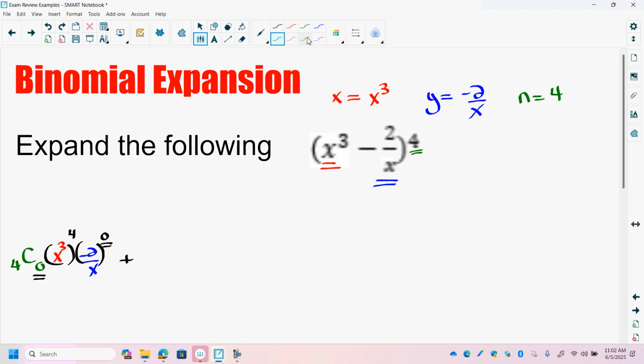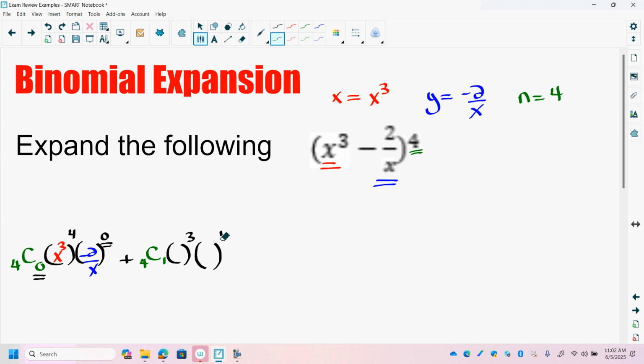Plus, what's the combination I'd use here? C1, good Brody. And then it would be x cubed to the third, negative 2 over x to the power of what? 1.